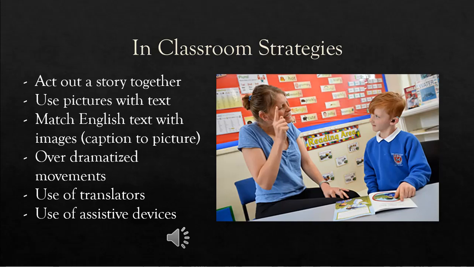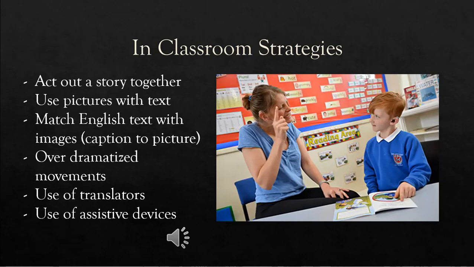Over-dramatized movements, using your body to tell a story or using TPR. The use of translators or mentors in the classroom can also be helpful for teachers who are not familiar with sign language or who believe that sign language would be helpful in the classroom.